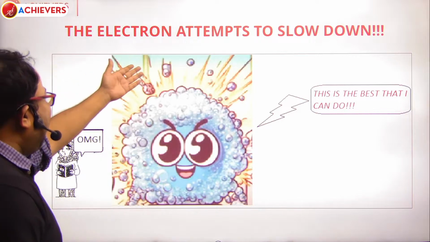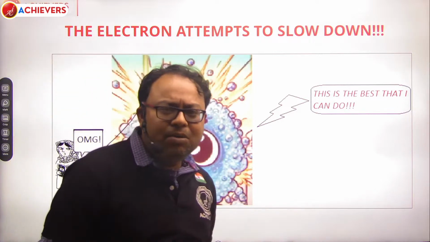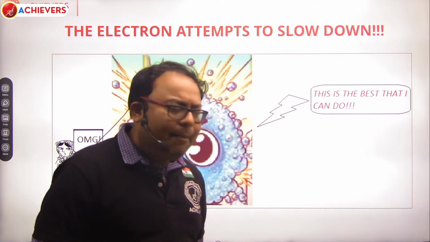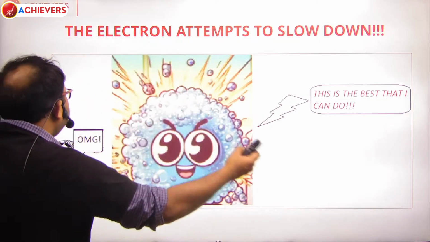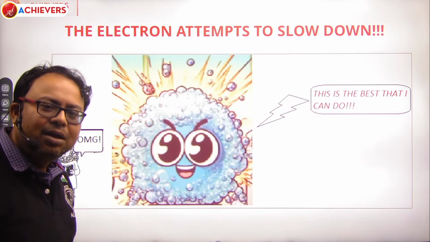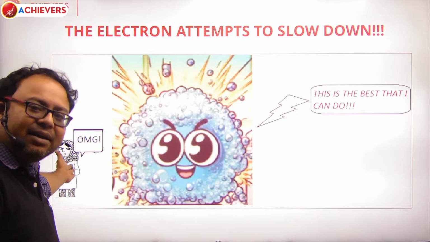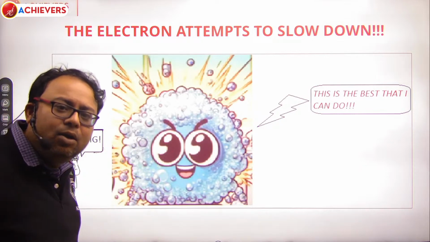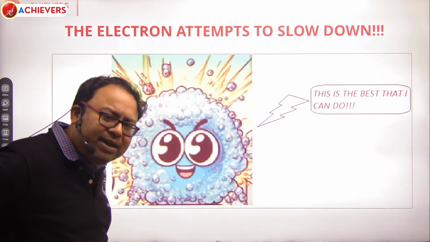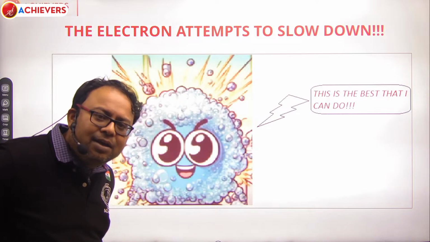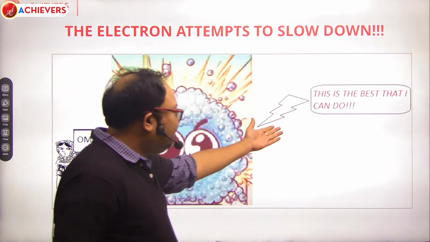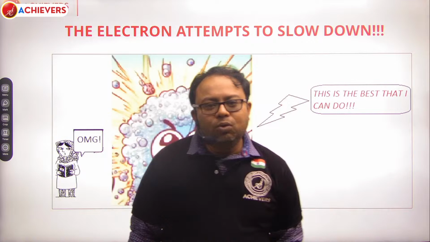When the electron attempted to slow down, what happens? It bursts. Alice is astonished. Oh my God! What is happening? The electron says, this is the best I can do.